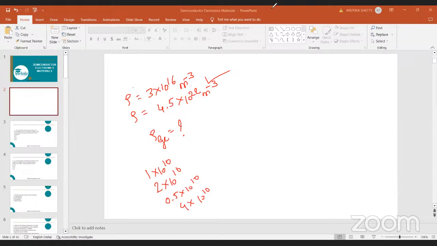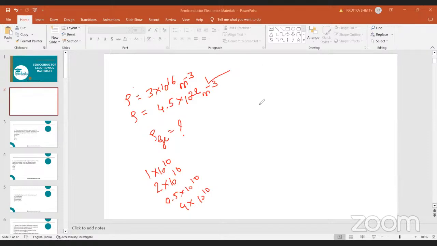Lohit is getting option B. What about others? Everybody is getting option B. Yes. So option B is right here. How to solve this one?